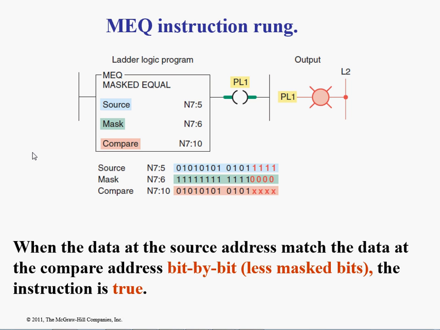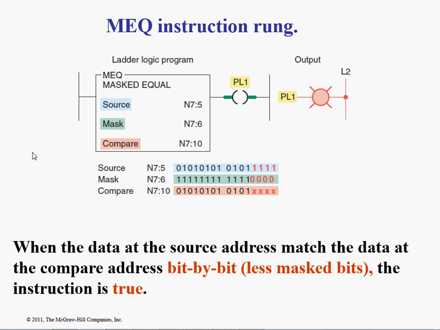Are you with me? Limit switch 1 has to be on, and then limit switch 2 has to be slid over and it has to be off. Some configuration that makes it run this product. So I've selected product A, and in order for me to let the operator turn on the machine, I have to make sure he set it up correctly and moved everything where it's supposed to be.